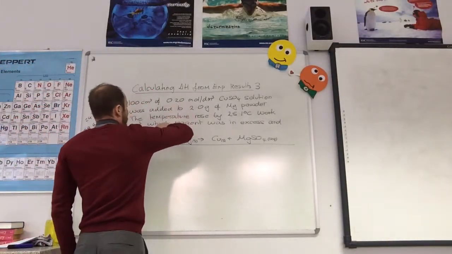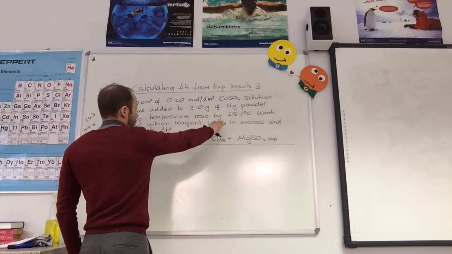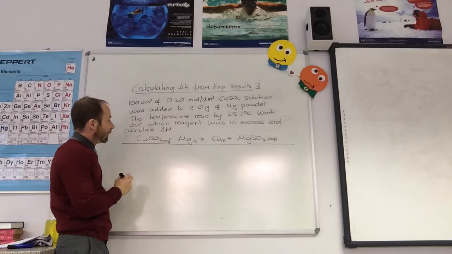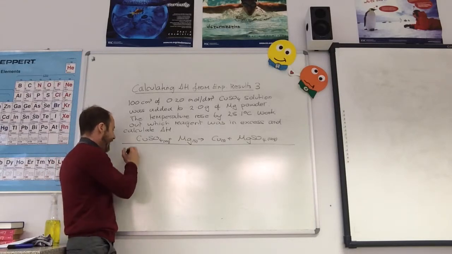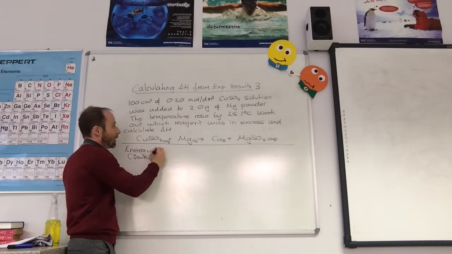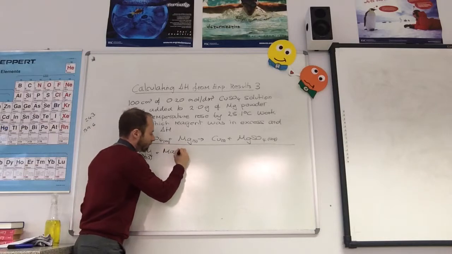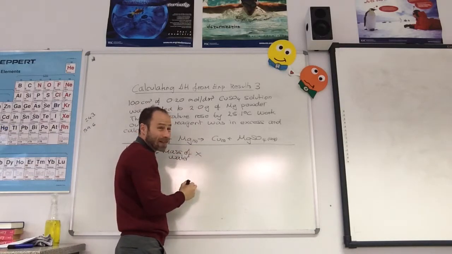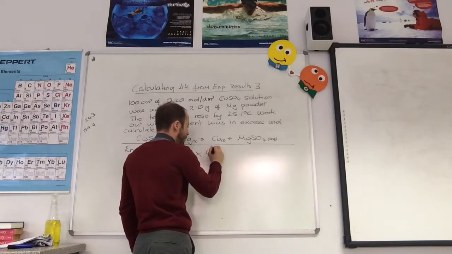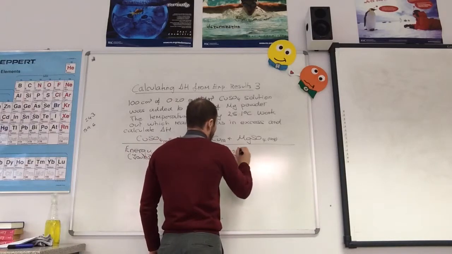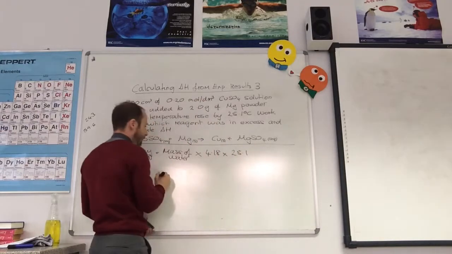So we've got the copper sulfate, we've got the magnesium, temperature went up by 25.1 degrees C. Let's work out, first of all, the energy. So energy in joules is equal to the mass of water times my specific heat capacity of water, which we know is 4.18, times the temperature change, which they told me is 25.1.